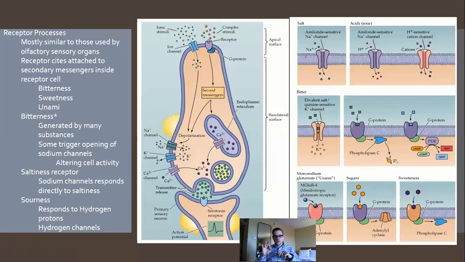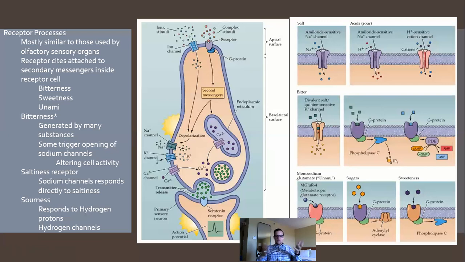Bitterness is one of those three, but it also can be triggered by activity at more ionotropic type receptors, like a ligand-gated channel. But that makes a certain degree of sense because the sensation of bitterness is often caused by chemicals that can be harmful.